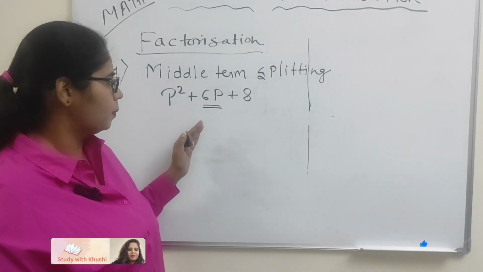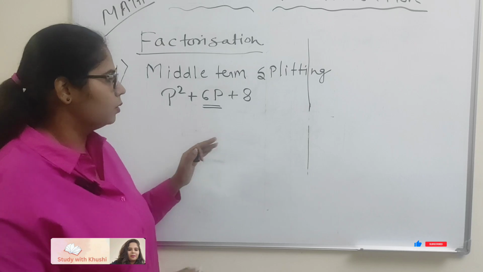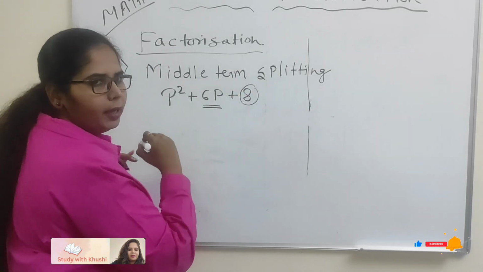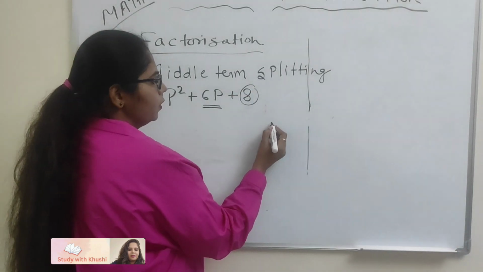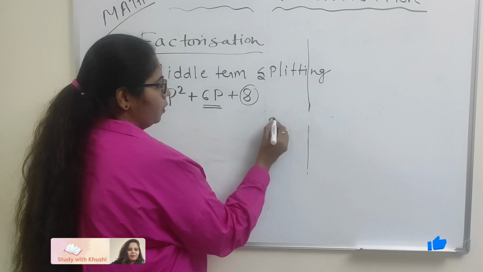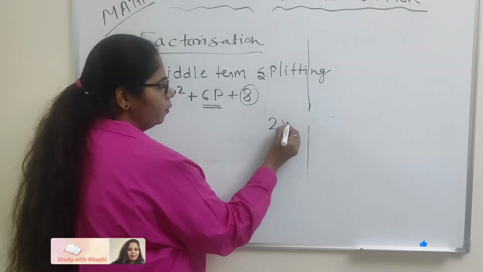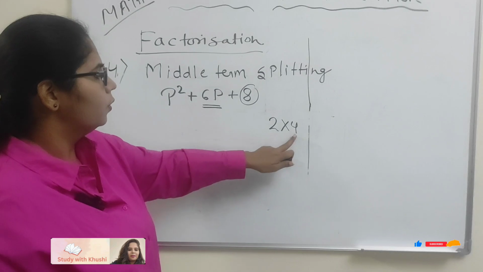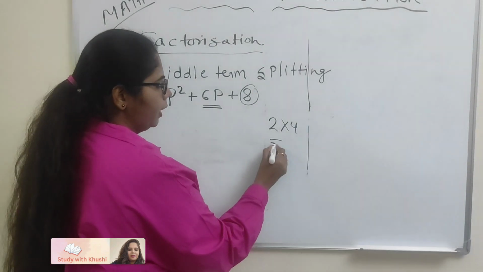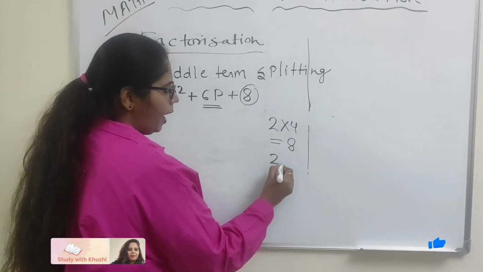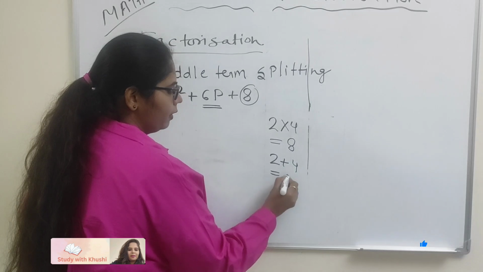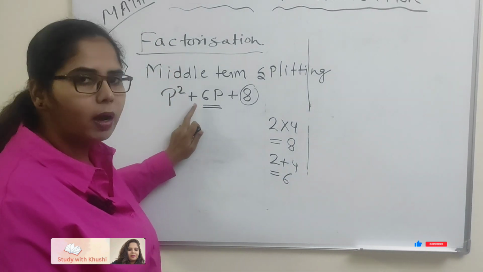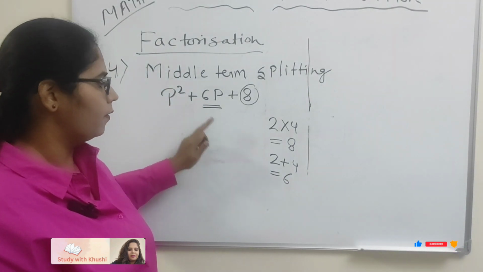Whenever you split the middle term, you have to check that when you add, you get 6, and when you multiply, you get 8. So 2 into 4 gives you 8, and 2 plus 4 gives me 6, right? So I split the middle term.